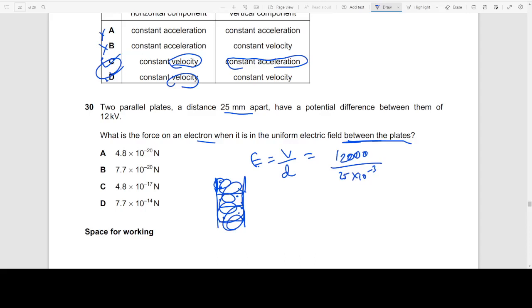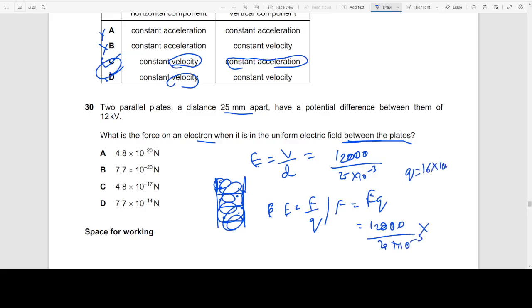So we know that electric field is equal to F upon Q. So F equals EQ, which is 12,000 upon 25 into 10 raised to minus 3 into the charge on the electron. So Q is 1.6 into 10 raised to minus 19.